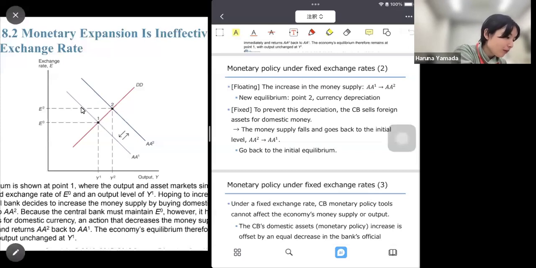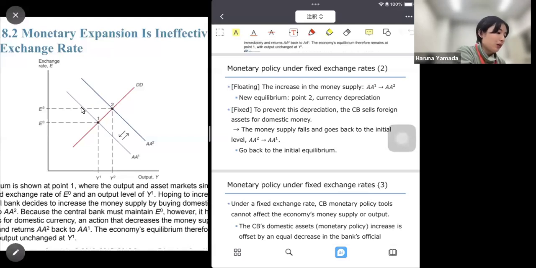The AA curve goes back to the initial level, AA1, and the equilibrium also goes back to the initial equilibrium, point 1. So point 1 is the overall equilibrium in this exercise.